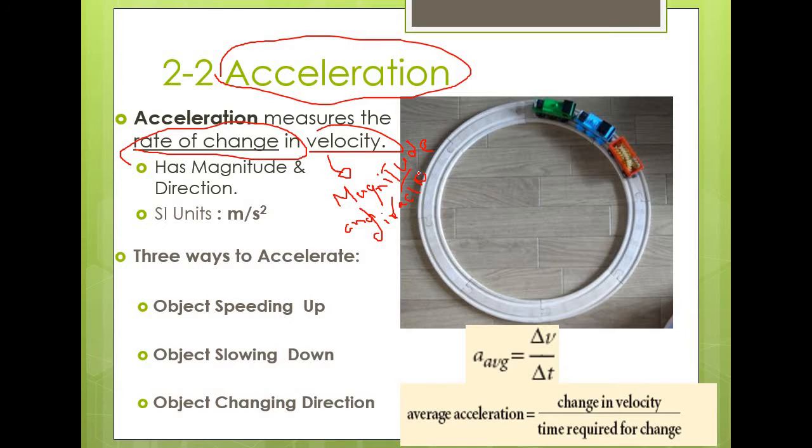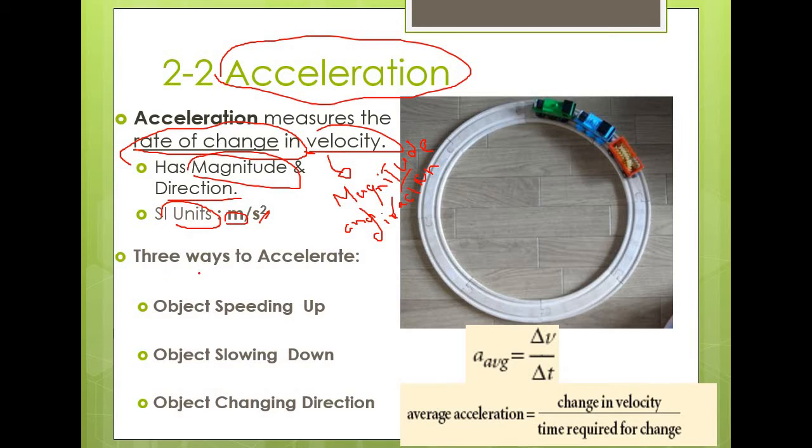Also, acceleration has magnitude and direction like velocity, because acceleration measures the rate of change in velocity. So acceleration and velocity have magnitude and direction. The SI basic unit used to measure acceleration is meter per second square. So meter per second square is used to measure what? To measure acceleration.